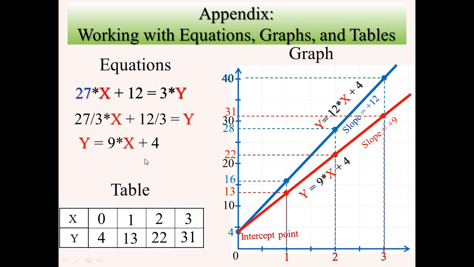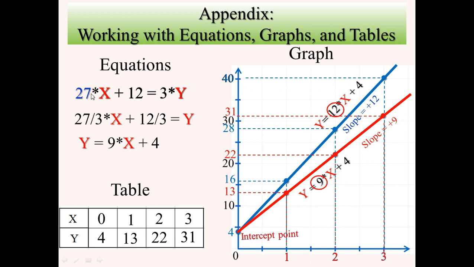Because you just change the coefficient of x, that's why the slope changes. How about the y-intercept? The y-intercept does not change. It starts from the same point, the same point from 4. So what changes? Only the slope changes.